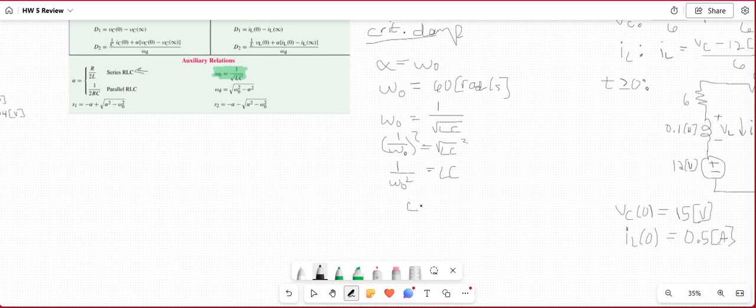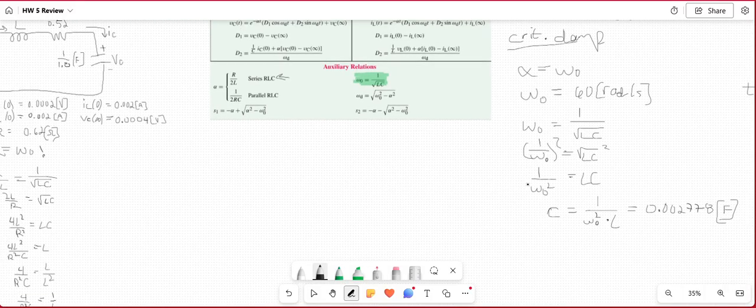So C equals 1 over W naught squared times L, and we just plug in because we know those values. C we get to be 0.0027778 farads. So that's our C value. So that answers one part of it.